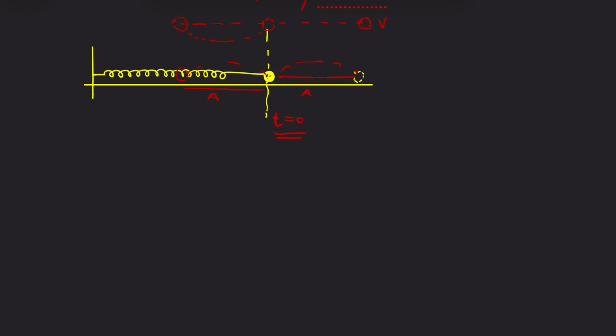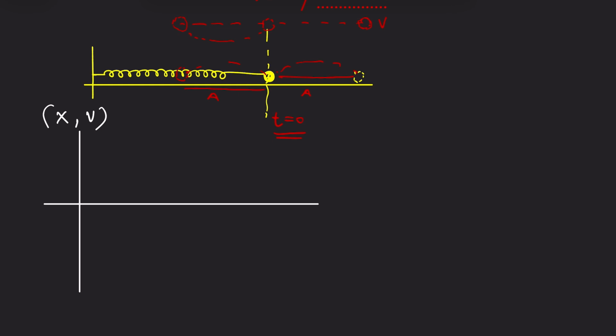If I draw the curve, not the phasor diagram, simply, you can see that difference. We'll come to the phasor, but first I'll just show you what is the difference between these two. So if I make x and velocity both, I want to draw them here only.